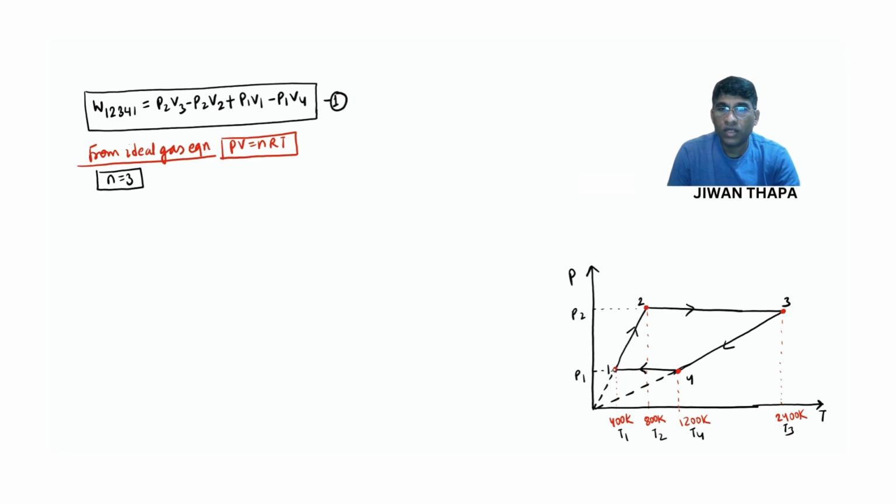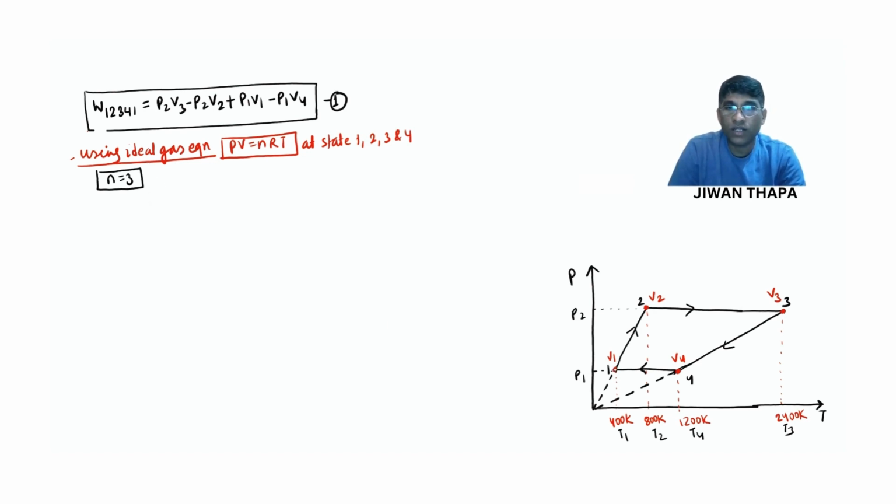The volume at state 1 is V1, volume at state 2 is V2, volume at state 3 is V3, and volume at state 4 is V4. So using the ideal gas equation PV equals nRT at states 1, 2, 3, and 4, we have n equals 3.